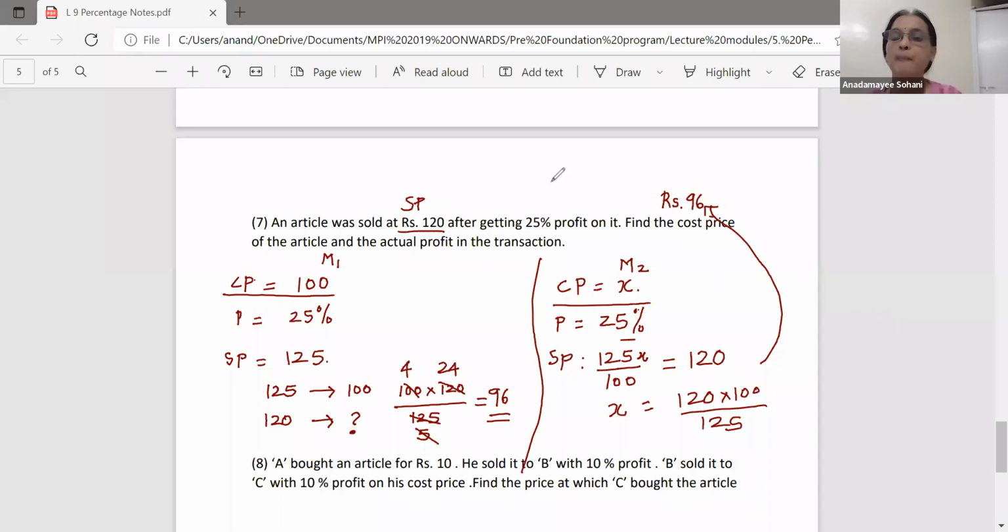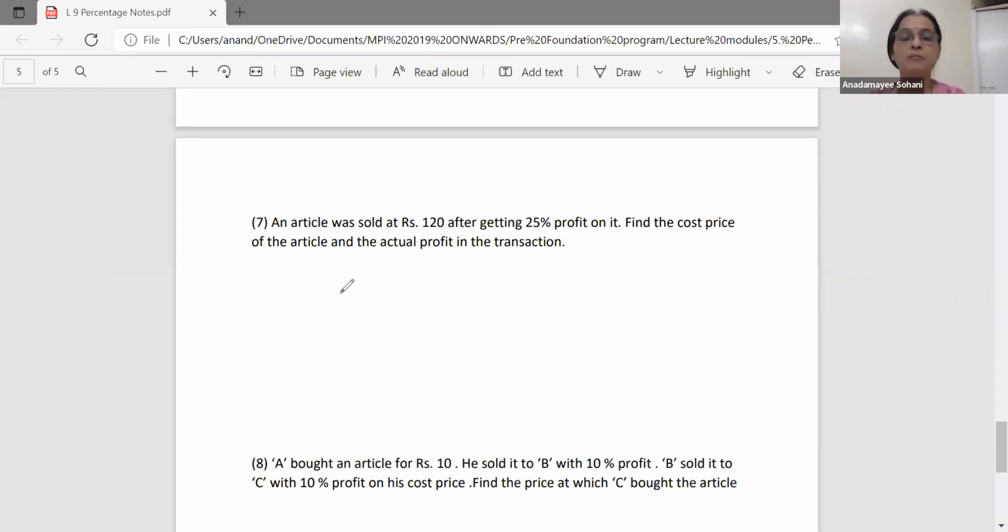There is a third method by which I can do it. How can I do it? My sale price 120 is 125% of my cost price. How am I doing this?